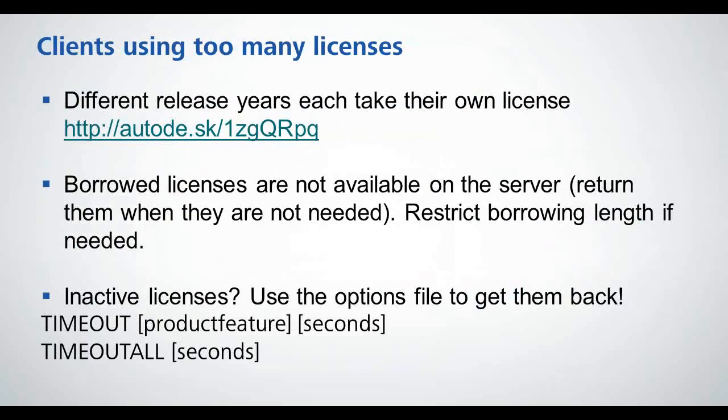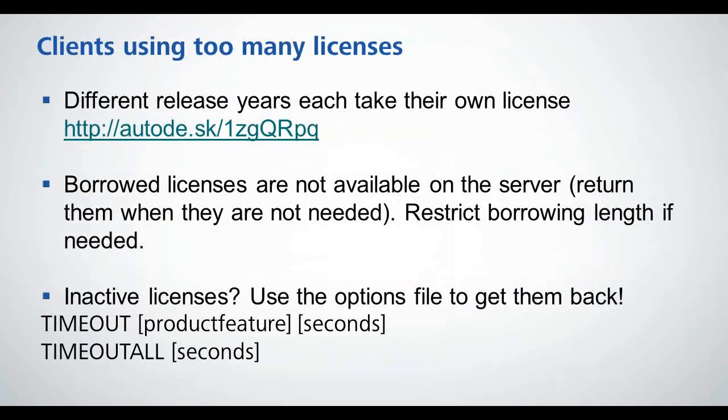What that does is if the software has a period of inactivity, and however long that period is, you can set in your options file, after that period it gives a warning to the client and says, we've taken back your license. You can save your work and close out your software, or if the license is available again, they can check it out. So there's 2 ways to do that.